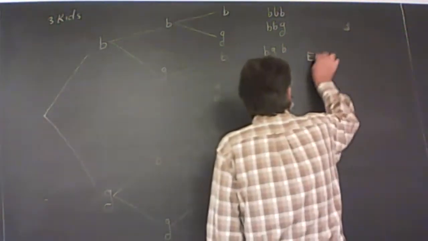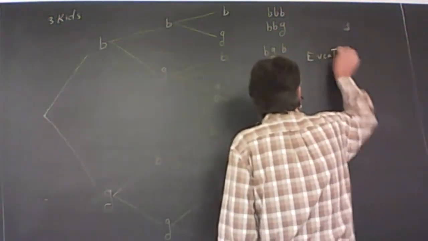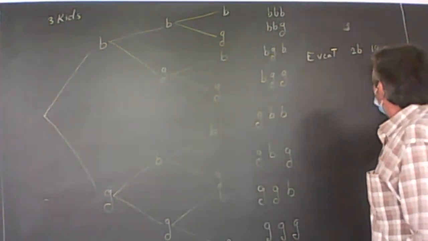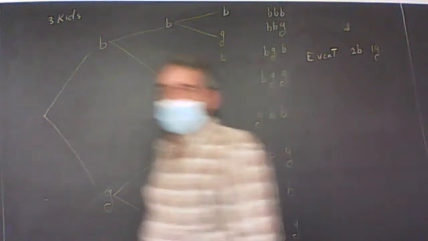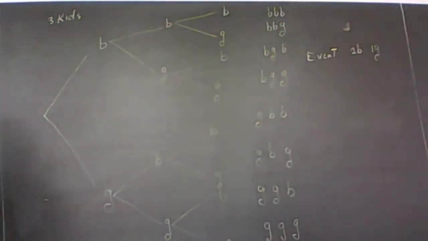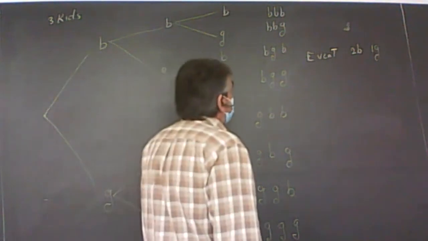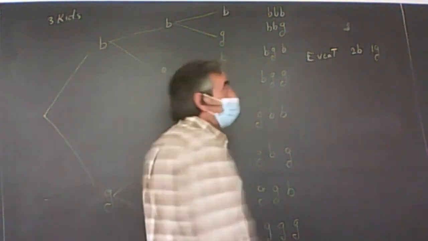Let's say the event is that they want 2 boys, 1 girl. How many elements or how many possibilities do we have for that scenario? So they want 2 boys and a girl.